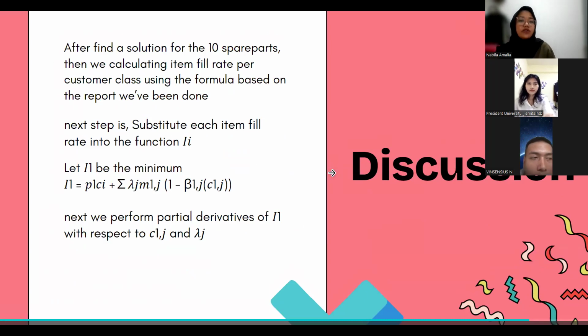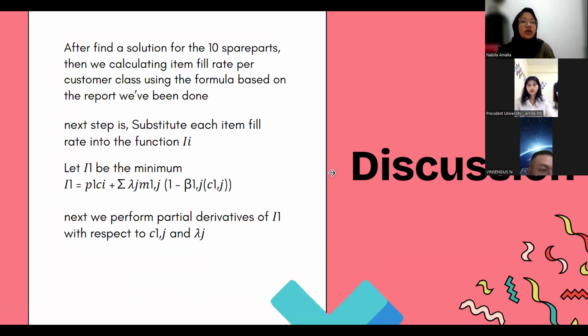After finding a solution for the 10 spare parts, we calculate the item fill rate per customer class using the formula based on the report we have done.